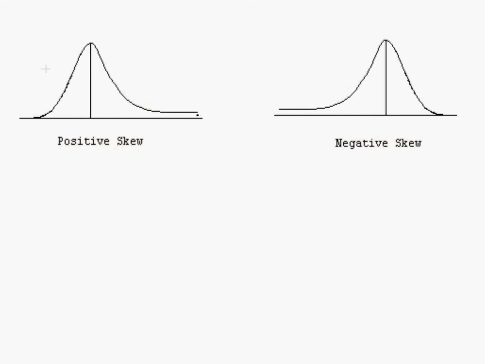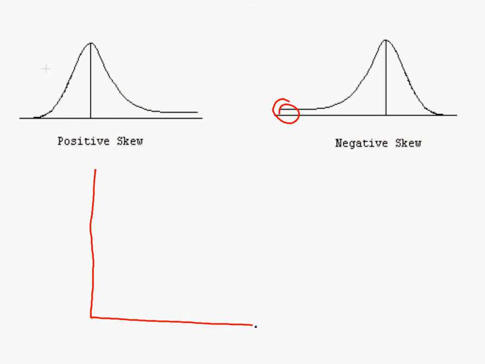A small number of high values skew it, whereas the opposite case is negative skew, where a few low values would skew the distribution to the left-hand side. So remember, we're dealing with financial data, and we can't have a negative value.